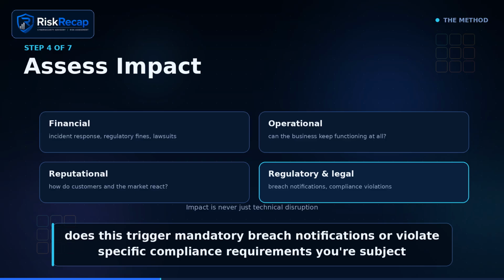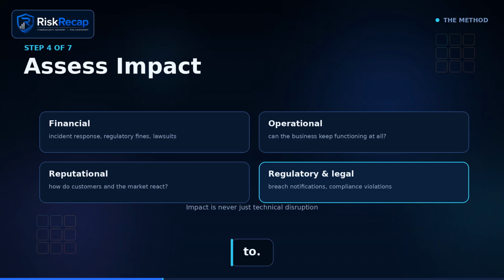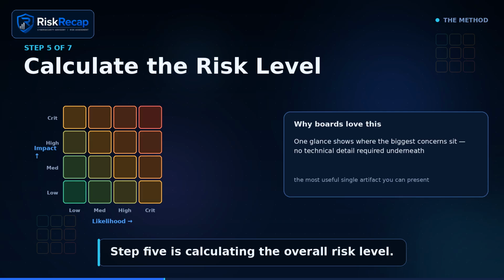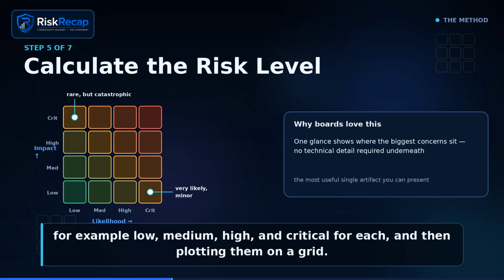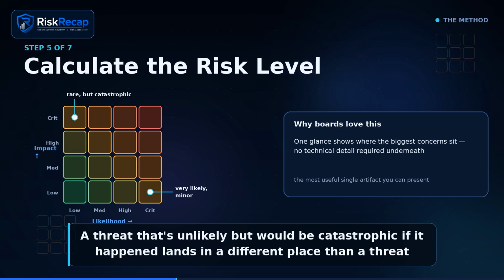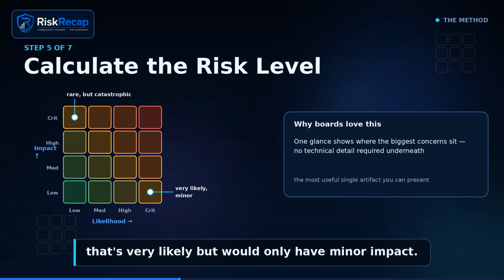Step 5 is calculating the overall risk level. The simplest and most widely used approach is to combine likelihood and impact, often using a simple scale, for example, low, medium, high, and critical for each, and then plotting them on a grid. A threat that's unlikely but would be catastrophic, if it happened, lands in a different place than a threat that's very likely but would only have minor impact.